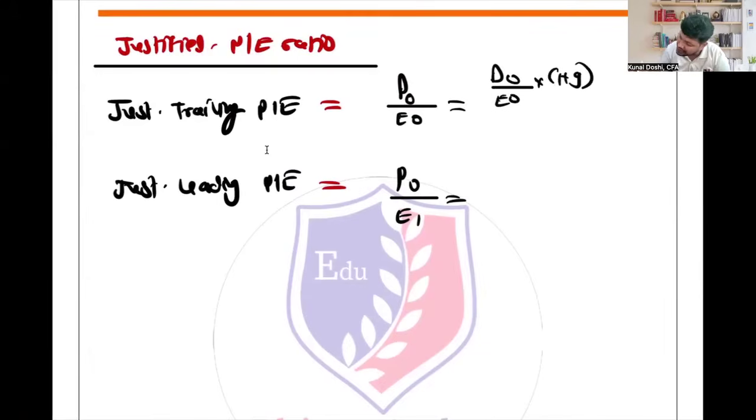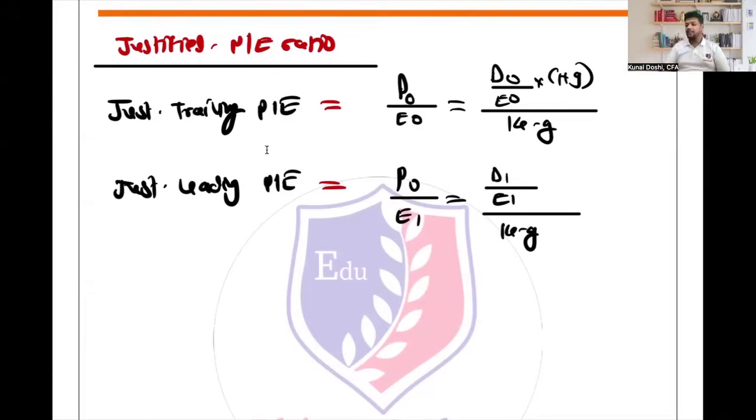That is what my D1 is. Divided by, this is going to be my earnings on both the sides, divided by cost of equity minus growth. Okay. Here it will be D1 over E1. So I don't have to apply the growth rate because both are adjusted for growth, over cost of equity minus G.